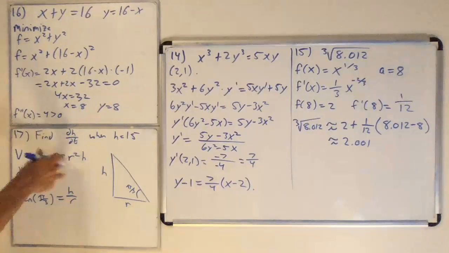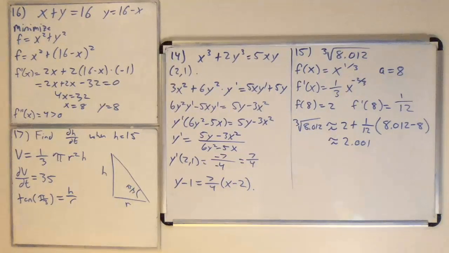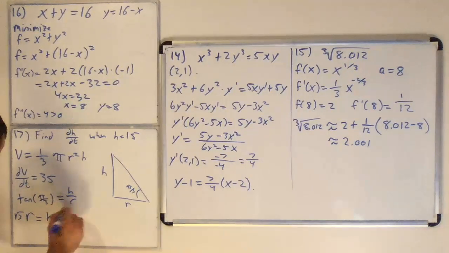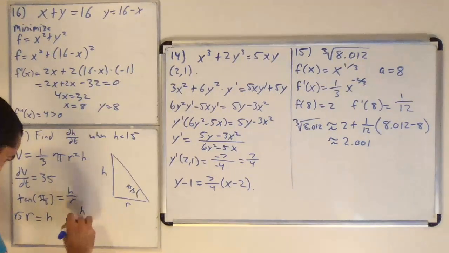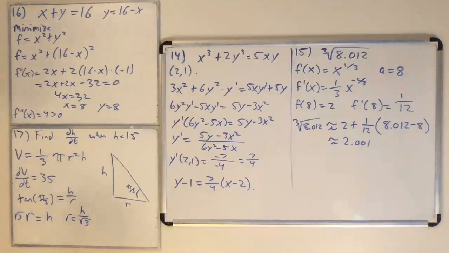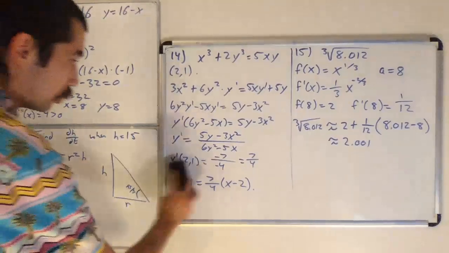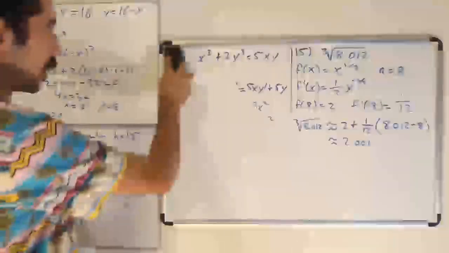So if we could get rid of r, our function is just going to be in terms of h. Tan of pi over 3 is square root of 3. So we get square root of 3 times r is equal to h, or r is equal to h over root 3. Okay, and so now we have r in terms of h. We could substitute that into our volume formula, take the derivative of both sides, and we're going to be done.